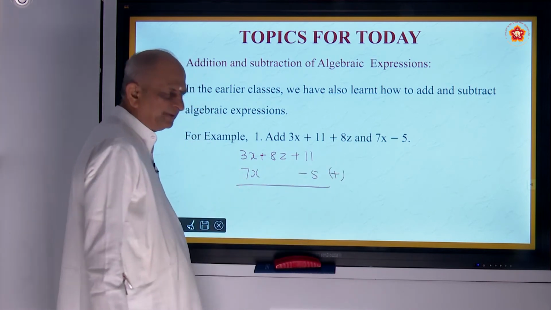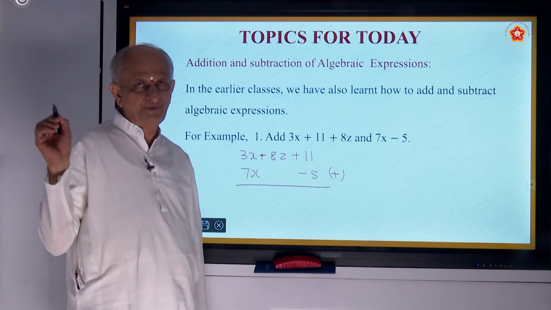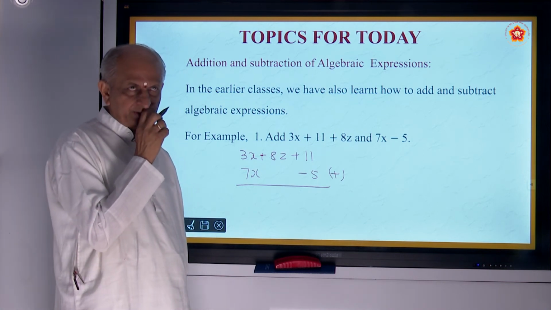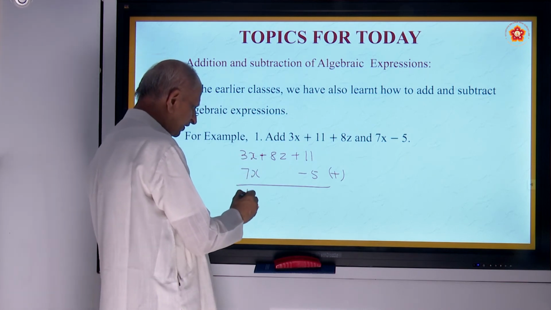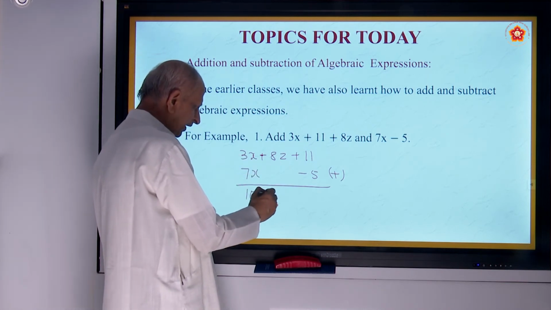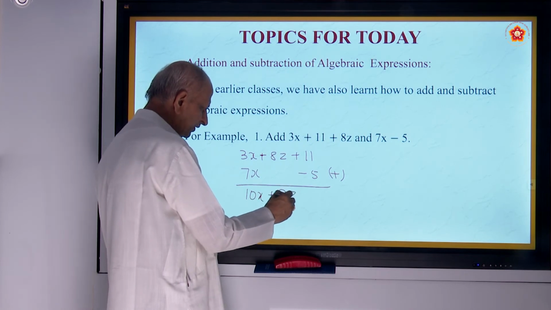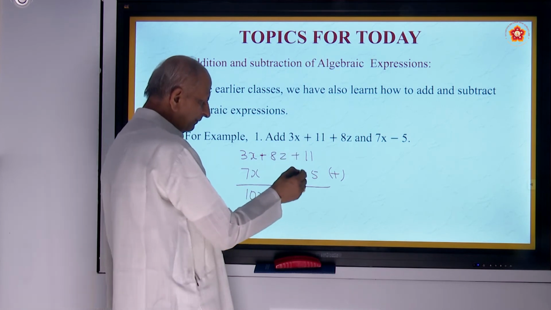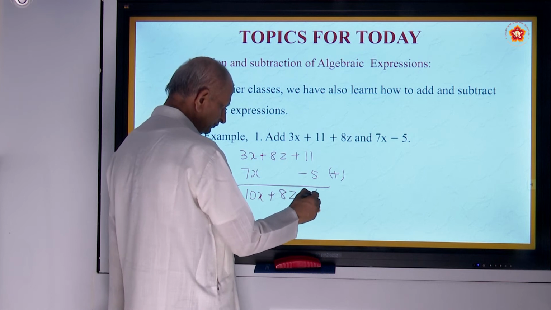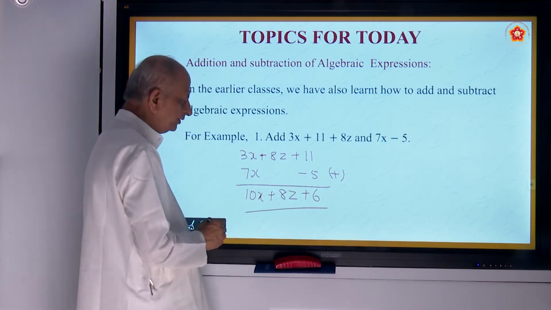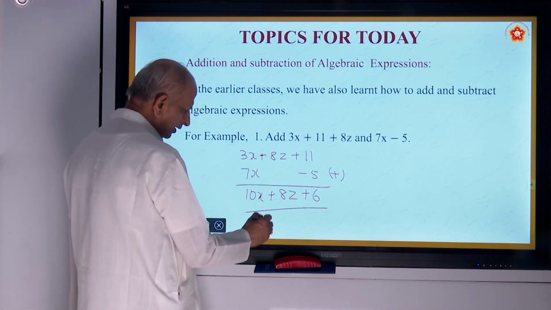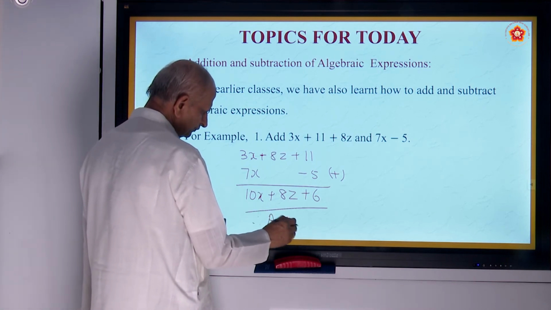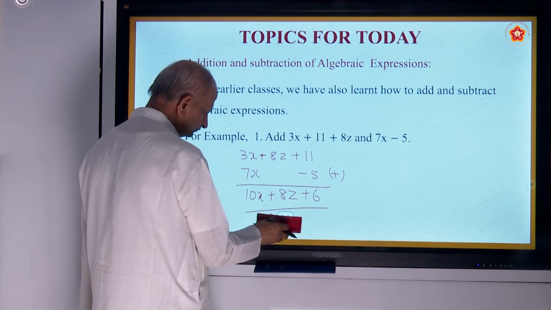Adding means what? Adding the numerical coefficients with the rule of signs. So 3x plus 7x becomes 10x. Then 8z, nothing is added, so 8z only. 11 minus 5 is 6. Therefore the answer, or you can say sum.